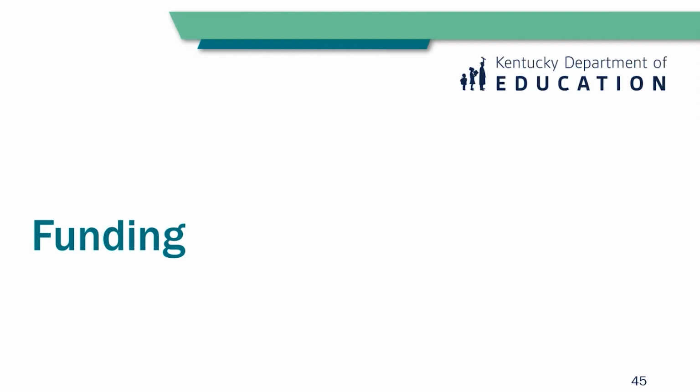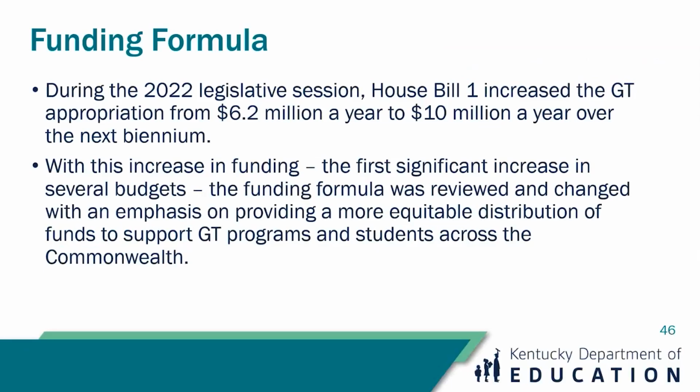Funding. All right, so we've just got a few slides here about the allocation of funds. For many years, the gifted education program received about $6.2 million. Then in 2022, the allocation went from 6.2 million to 10 million, and that is where we still are at this point.